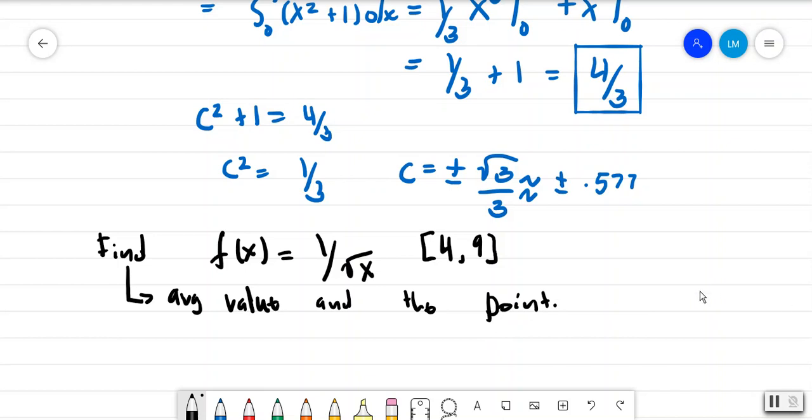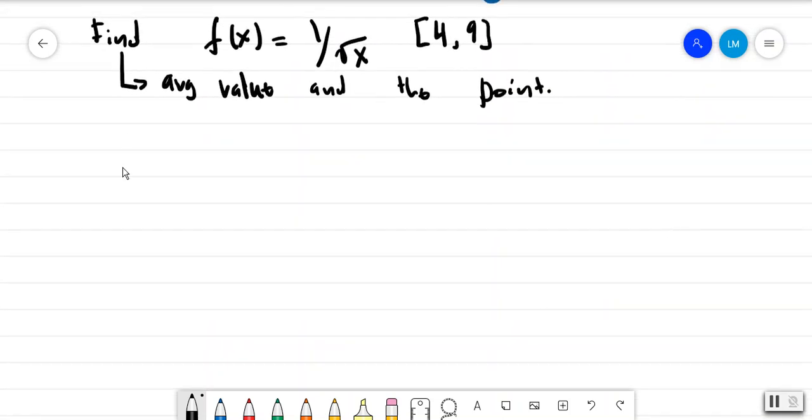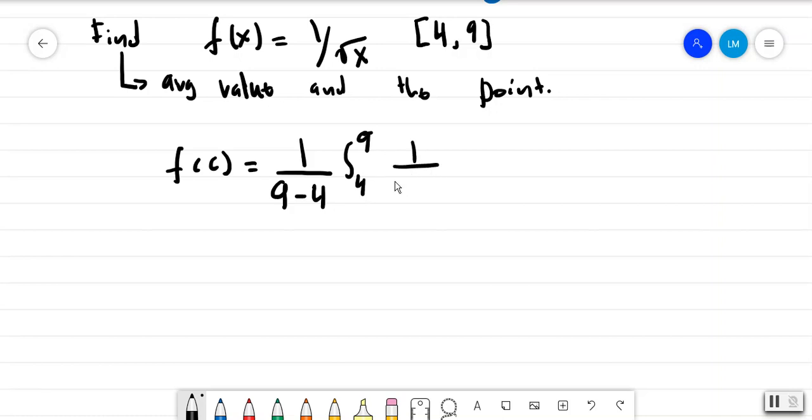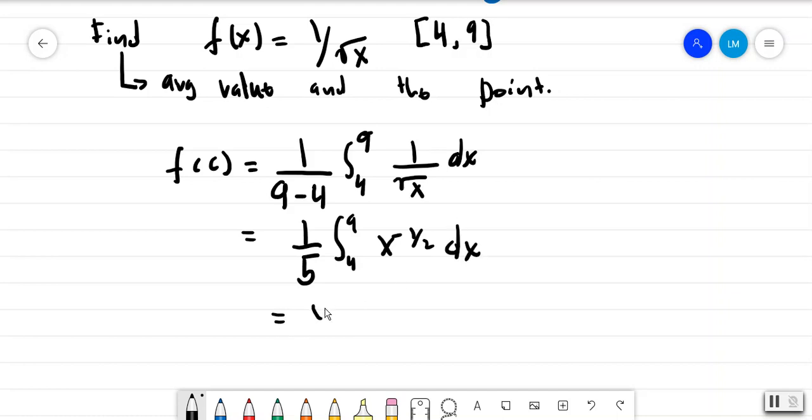Okay, so what this means is that we know that the average value is equal to 1 over 9 minus 4, times the integral from 4 to 9 of 1 divided by root x dx, and this is equal to 1/5 times the integral of x to the negative 1/2 dx, which is equal to 1/5 times x to the 1/2 divided by 1/2, from 4 to 9.